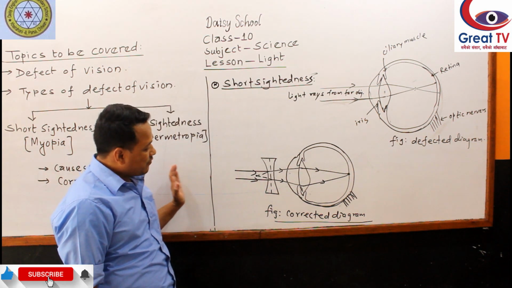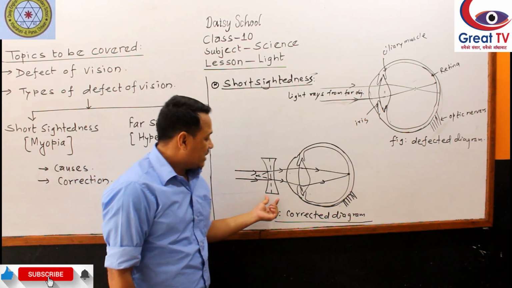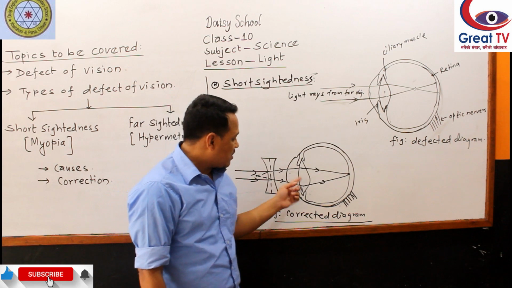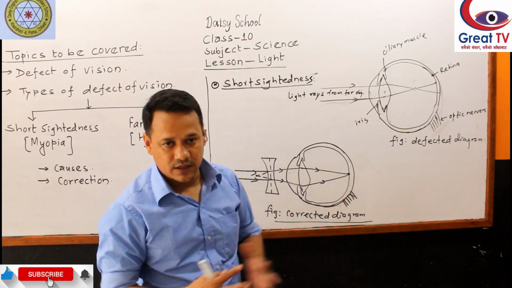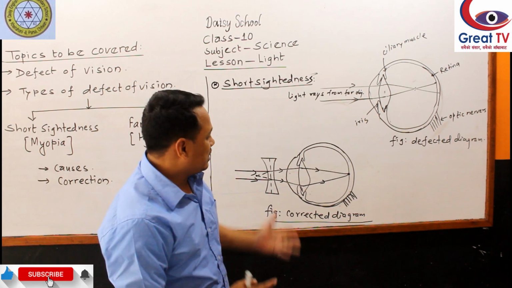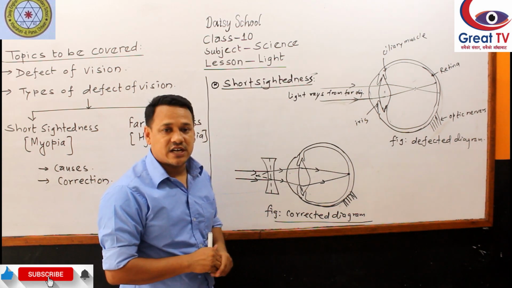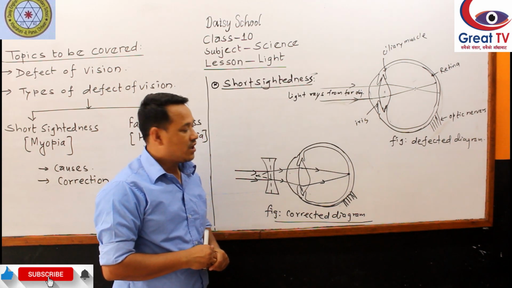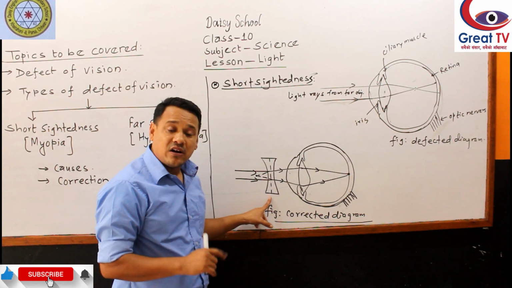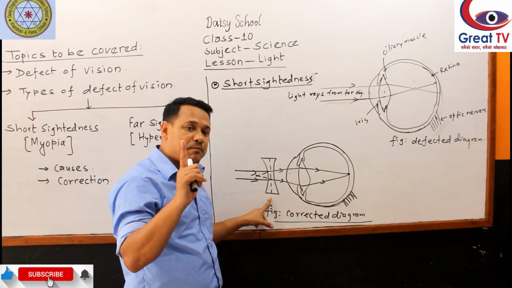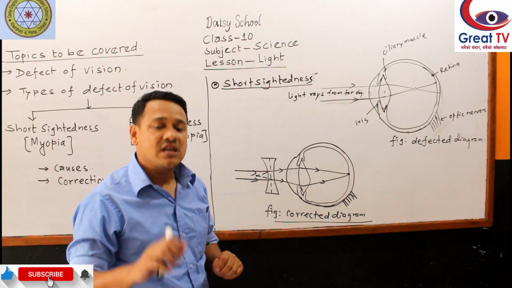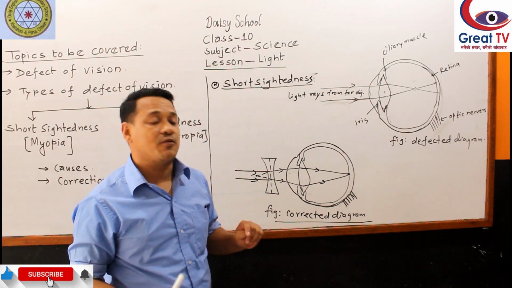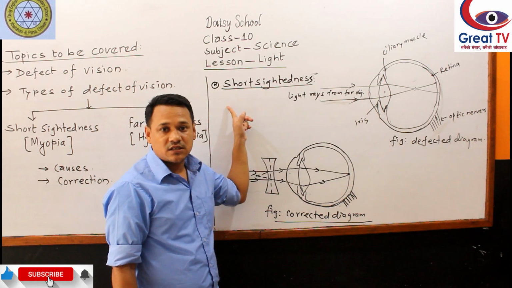The concave lens diverges the light rays, which are converged by the eye lens onto the retina, and we can see clearly. In this way, we can treat short-sightedness. What kind of power? Negative power. If any person is wearing negative power spectacles, then you can say he or she is suffering from short-sightedness.